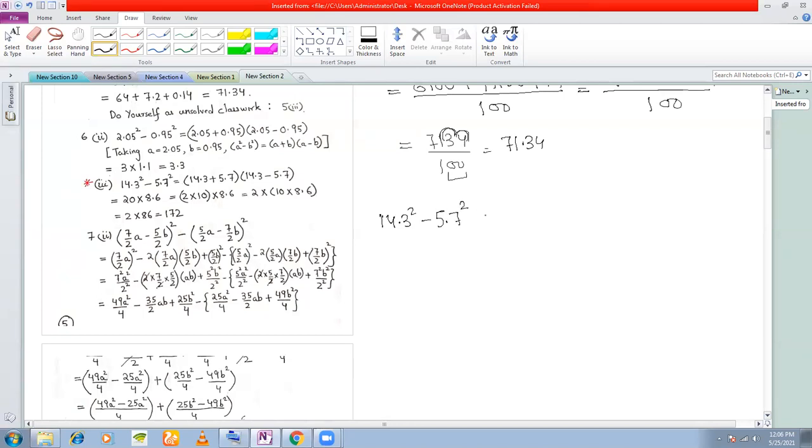Now see, this is a difference of two squares, right? This is a square minus b square form, which is equal to (a + b) into (a - b). And what is a here? a here is 14.3. What is b here? b here is 5.7. So (a + b) into (a - b).